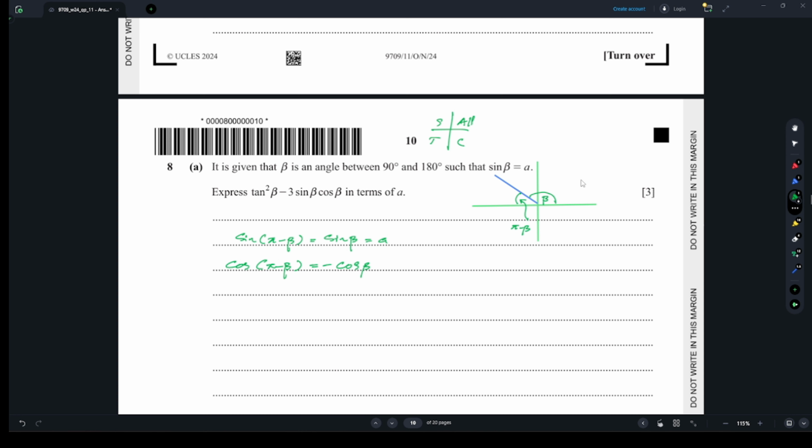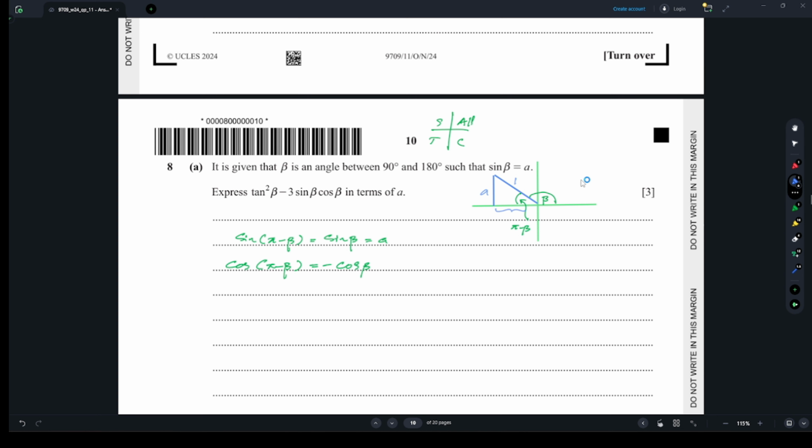So minus cos beta. Here, sine of pi minus beta is also A. If I complete this triangle, the opposite is A and the hypotenuse is 1.